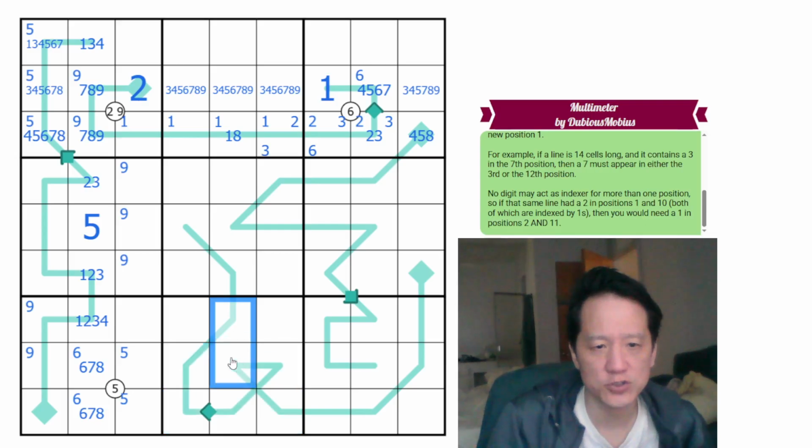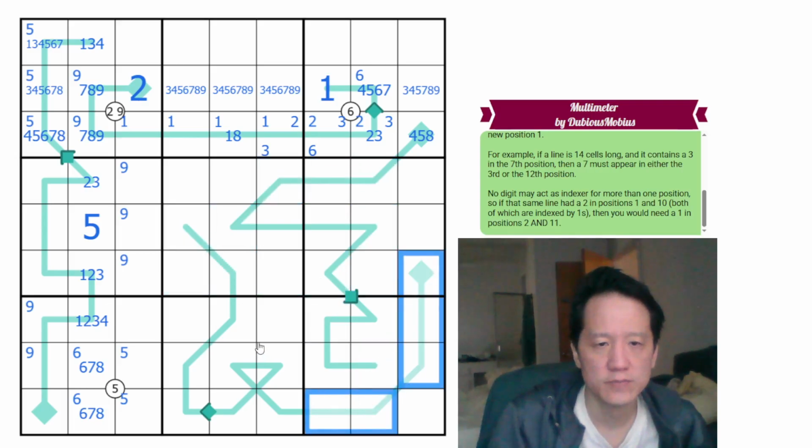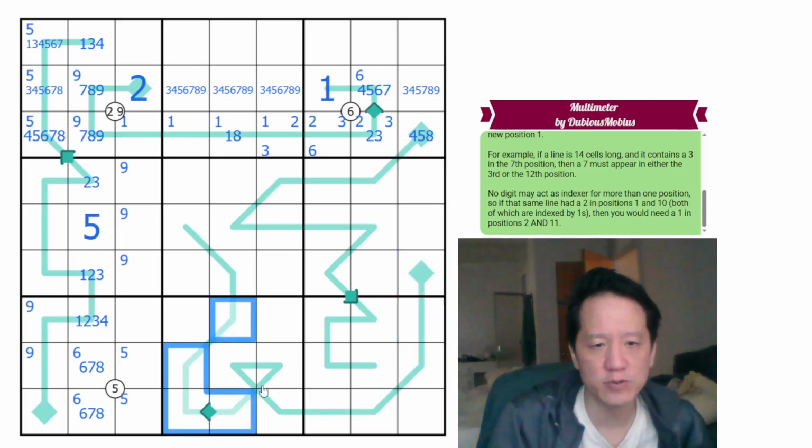Because otherwise there's no other place for it. Because we have already this accounting for 1, 2 here. This is another. The other one is one of these 6 because none of these could be a 2. This accounts for 2 2s. This counts for 2 2s. So that's 4 amongst these 2 lines. And this one has to be one of them.